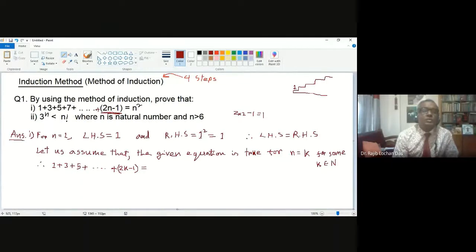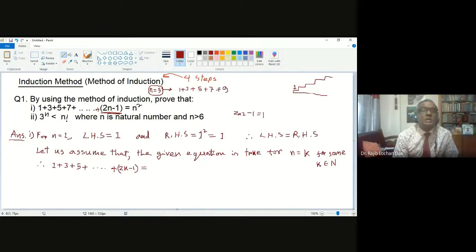So if you want to stop at n equal to 5, then what will happen? It will be 1 plus 3 plus 5 plus 7 plus 9 and then stop. Why? Because n equal to 5, you can put it here: 2 into 5 minus 1, so 10 minus 1, it is 9.